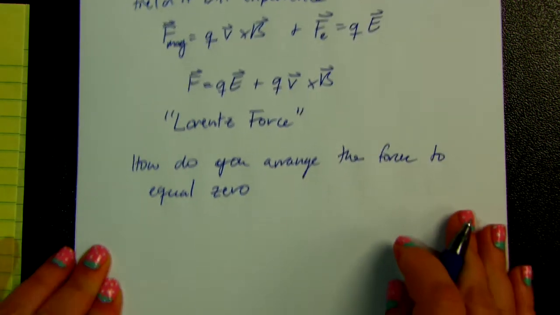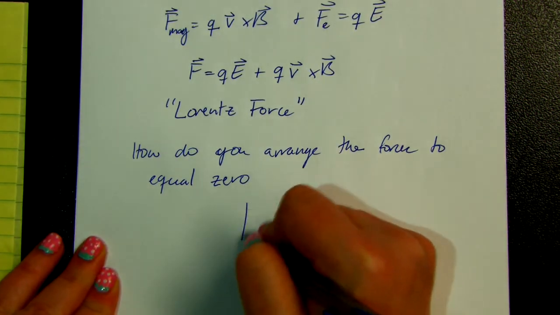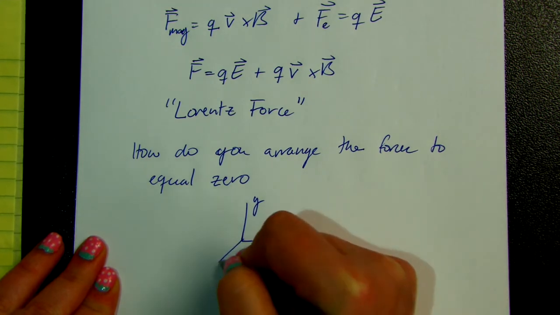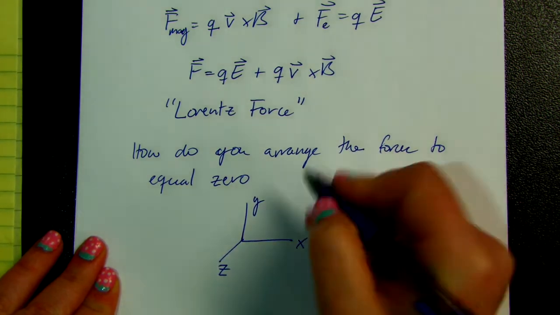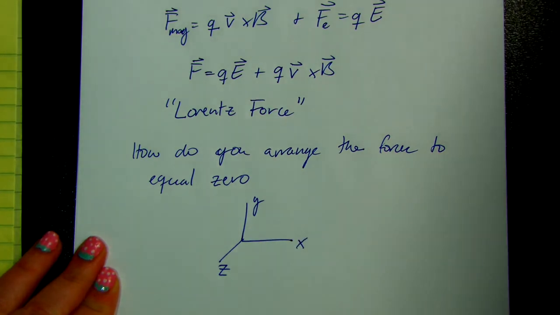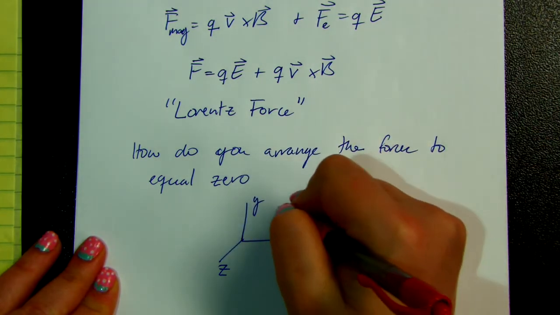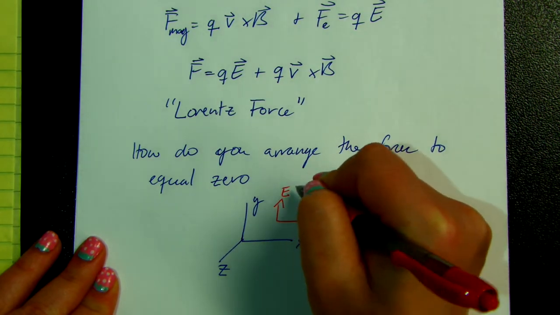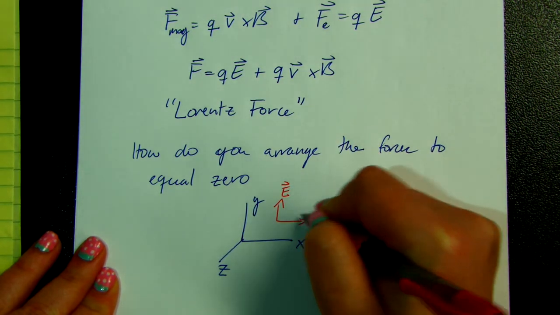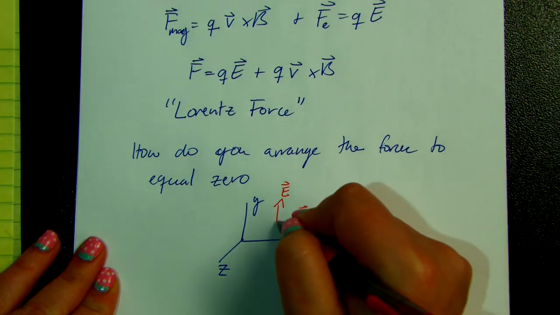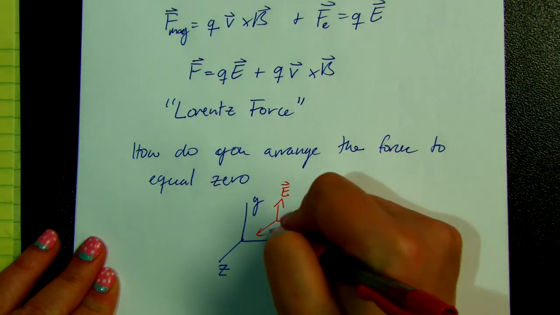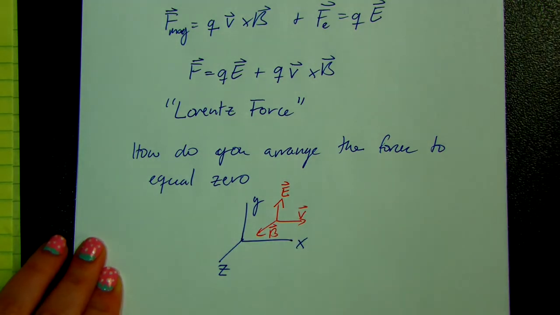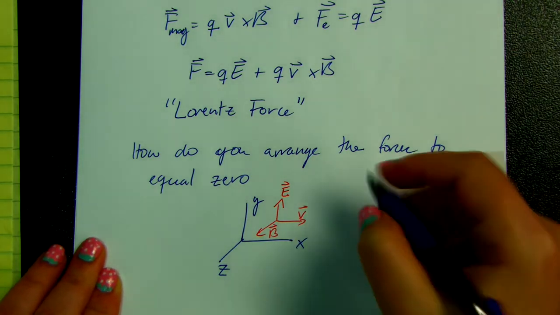So one possible arrangement, so we have our y, x, and z axis. You could arrange your field such that you have your electric field here, and you've got your velocity in this direction, and then you have your B field. So one possible arrangement, and on your own, think of a few more.